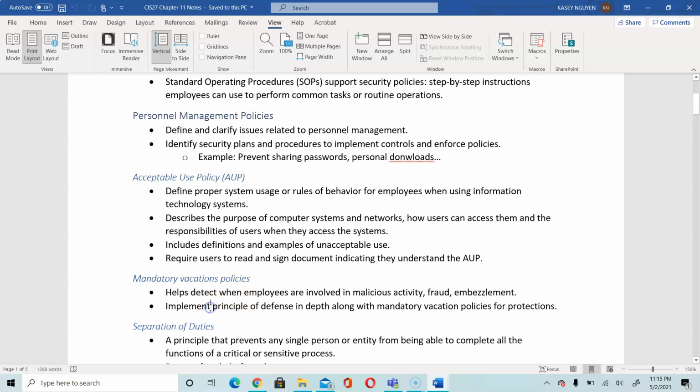We can implement principle of defense in depth along with mandatory vacations for protection. Because as they take vacations, we would have other individuals to be able to cover their tasks. And this is when we'll be able to really detect some of the areas that might imply fraudulent embezzlement or malicious activity. So we would need to enforce a mandatory vacation policy.